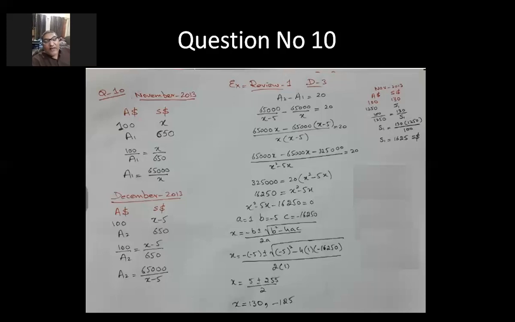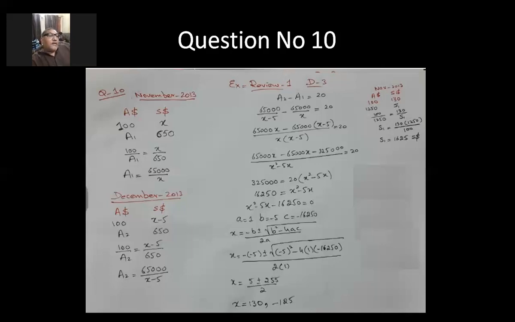So I will apply the quadratic formula. So the quadratic formula, you know, is minus B plus minus under root B square minus 4AC divided by 2A. So B in here is just, what's the value of the B here? That is 5. Okay.